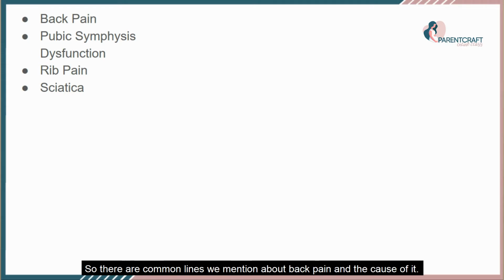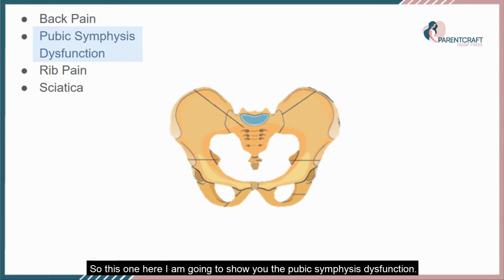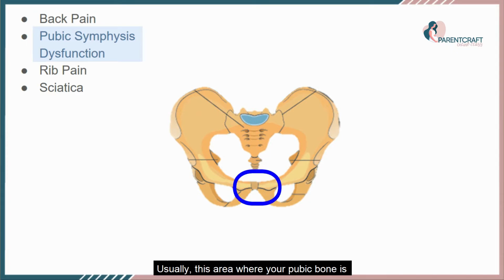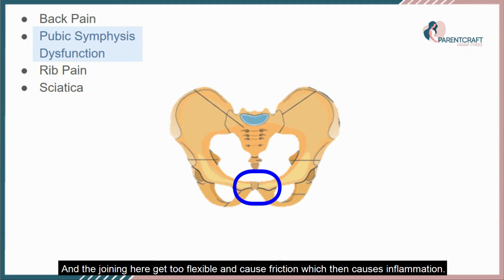The common one I've mentioned is back pain, and the cause is usually muscle tightness if you have just developed the back pain during pregnancy. This one I'm going to show you is pubic symphysis dysfunction. It's this area here where your pubic bone is, and this joining gets too flexible and causes friction, which then causes inflammation.